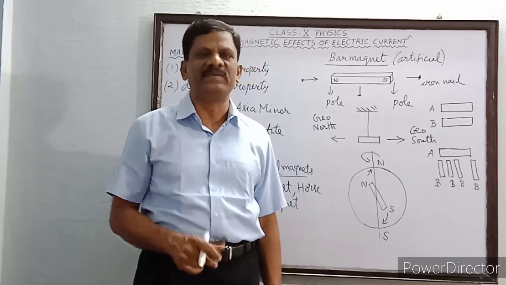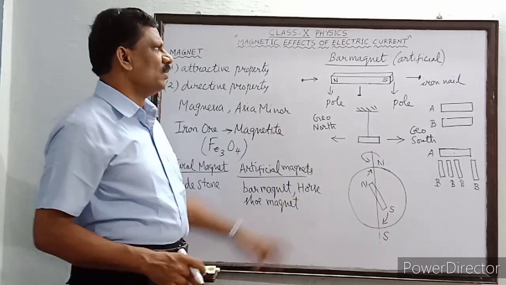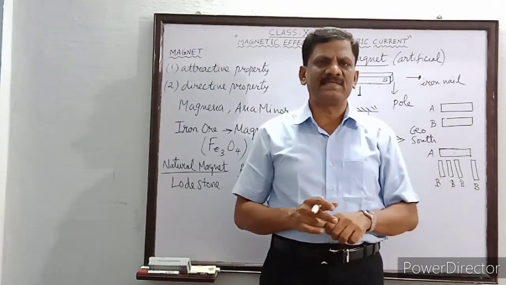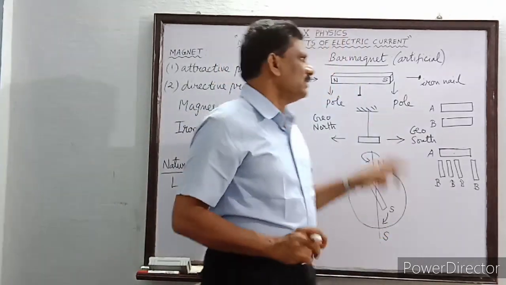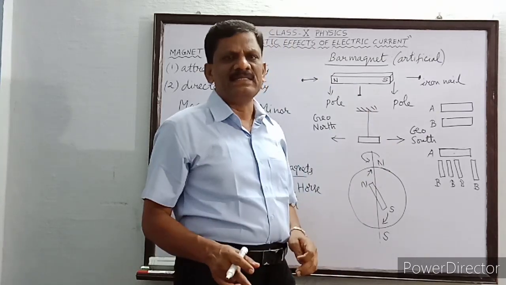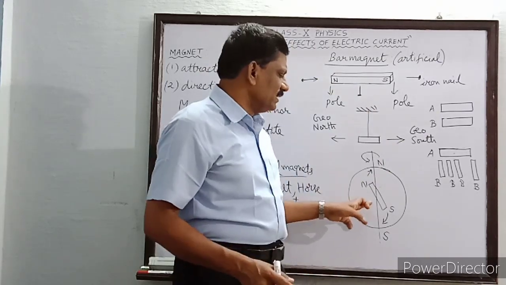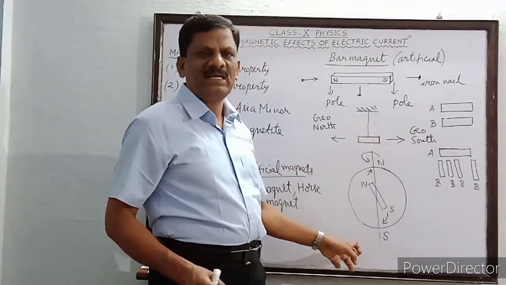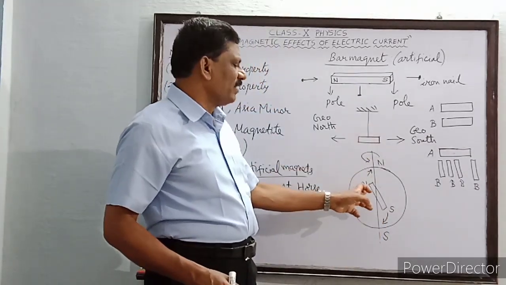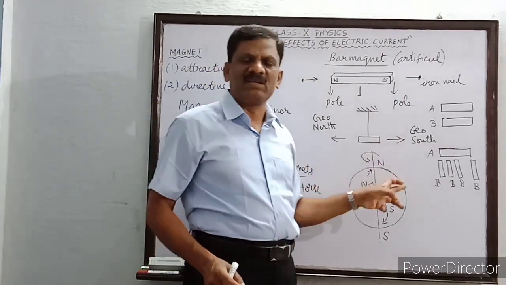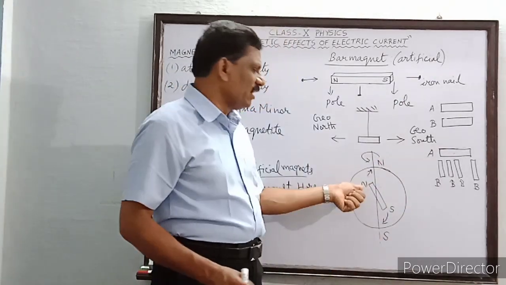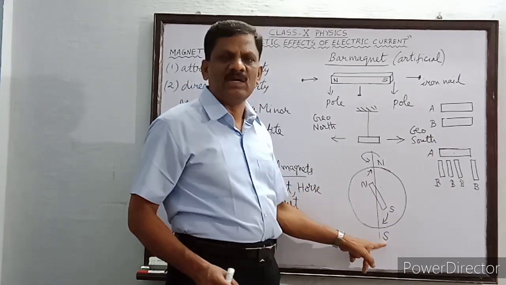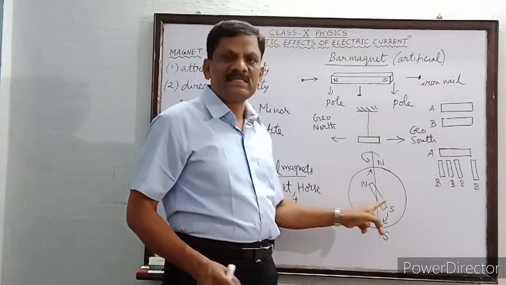A bar magnet has two poles. If you suspend a bar magnet, it aligns along the axis of the earth. The end pointing towards the geographic north of the earth is called the north pole, and the other end facing the south is called the south pole.